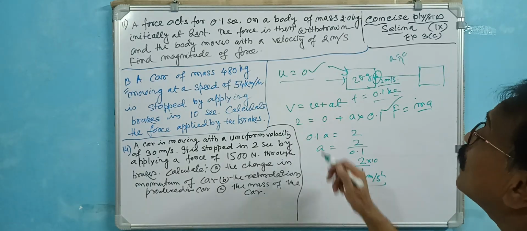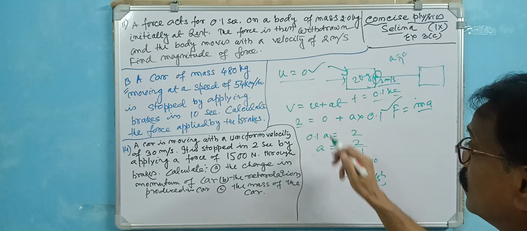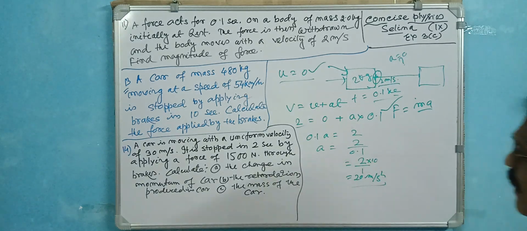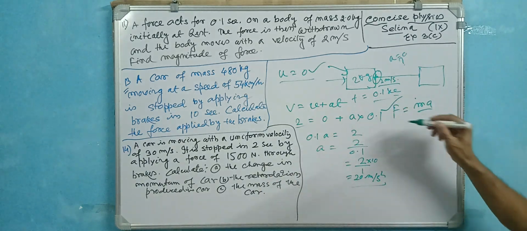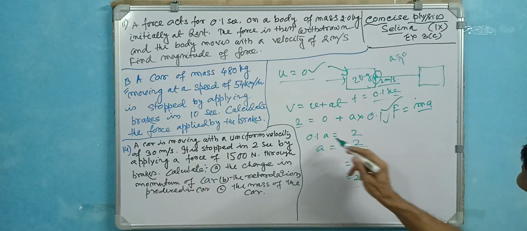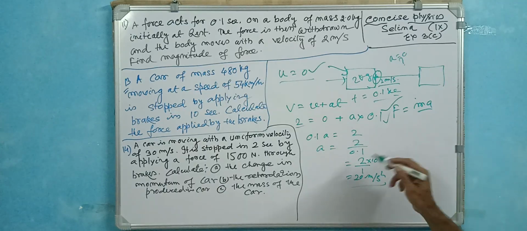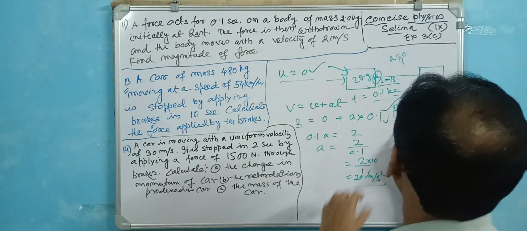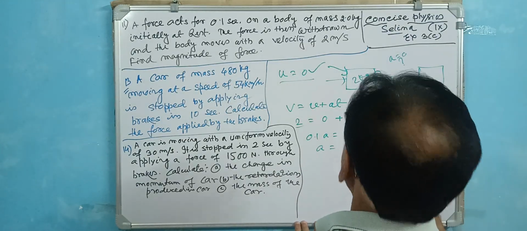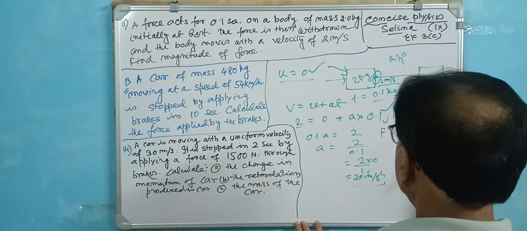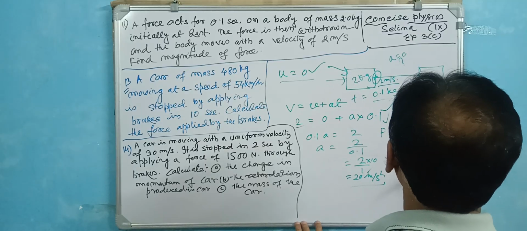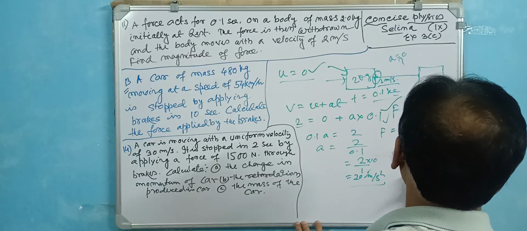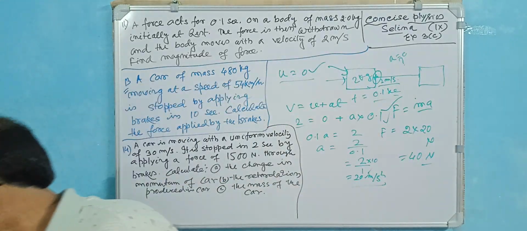So v is equal to u plus at. v is 2, u is 0, a, and t is 0.1 second. So this is 2 into 10, that is 20 meter per second square. So force is the mass 2 kg into 20, so in Newton that is 40 Newton. Is it clear to you? 40 Newton.